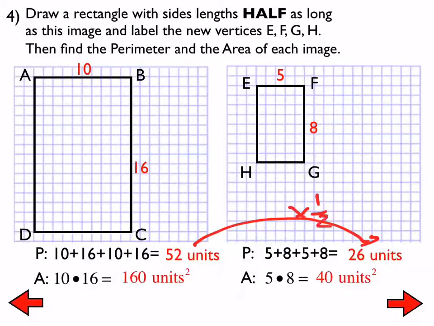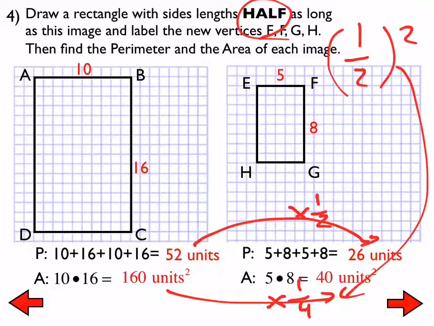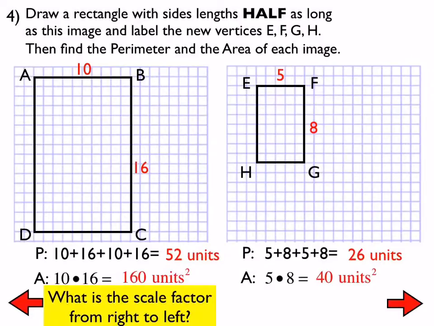Multiply by 1/2. But the area is 1/4 as big. In other words, the 1/2 squared. But we will come back to that in more detail at a later day. And our scale factor, of course, is 1/2.